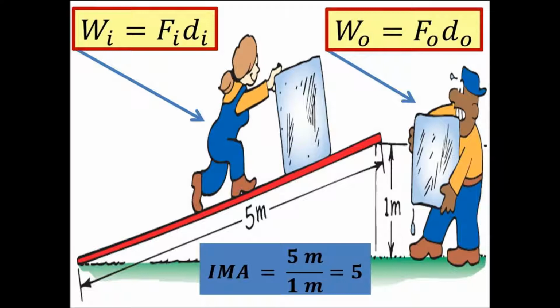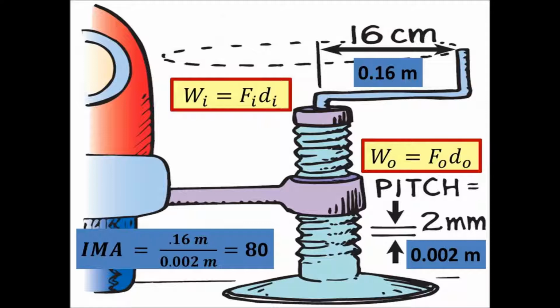The ideal mechanical advantage would be the DI, 5 meters, over the DO, 1 meter, which would be an ideal mechanical advantage of 5. So if the weight is the FO, the guy's holding the weight. Well, the woman would apply 1/5 the weight if it's a mechanical advantage of 5. So whatever the weight is, it's 1/5.